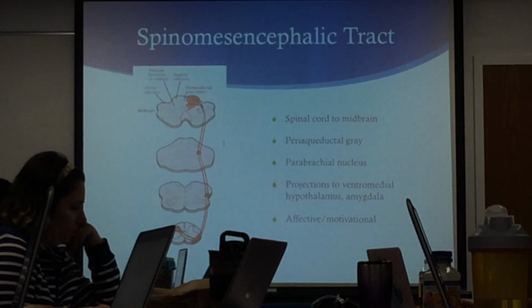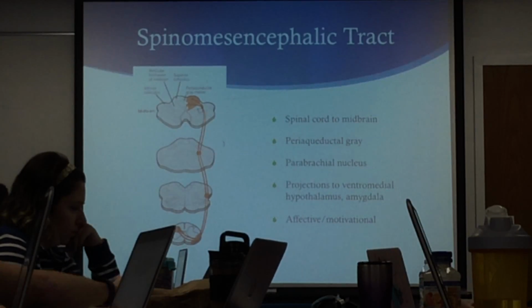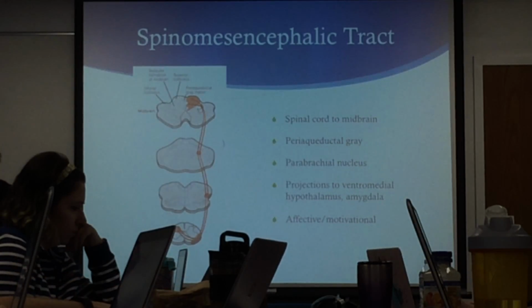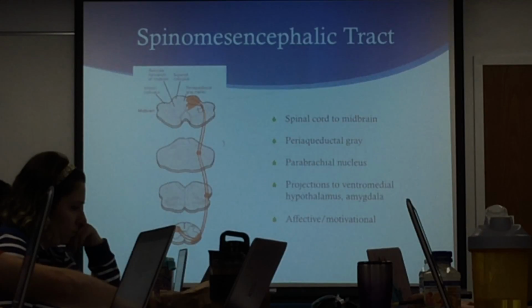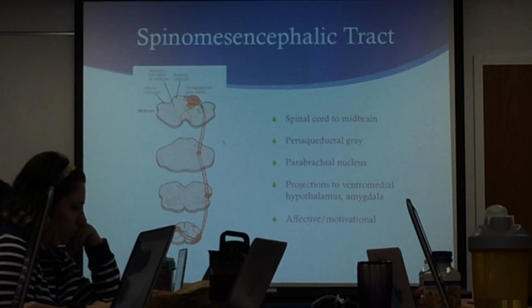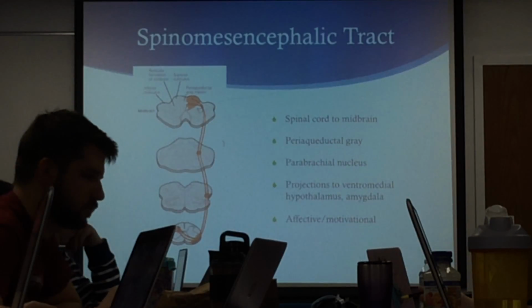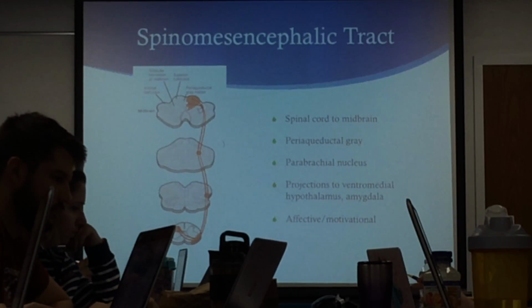So the second order neurons synapse in either the periaqueductal gray or parabrachial, and then the third order neurons from these two regions project to a lot of different limbic structures. The major ones are the ventromedial hypothalamus and amygdala, but they also project to a lot of other brain structures. It's a much more diffuse projection system than the spinothalamic tract. And these are areas that control aversiveness and affective pain.